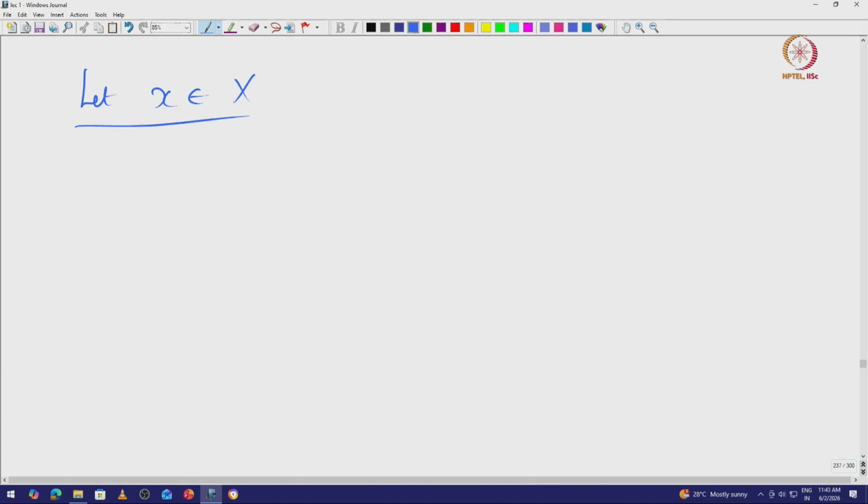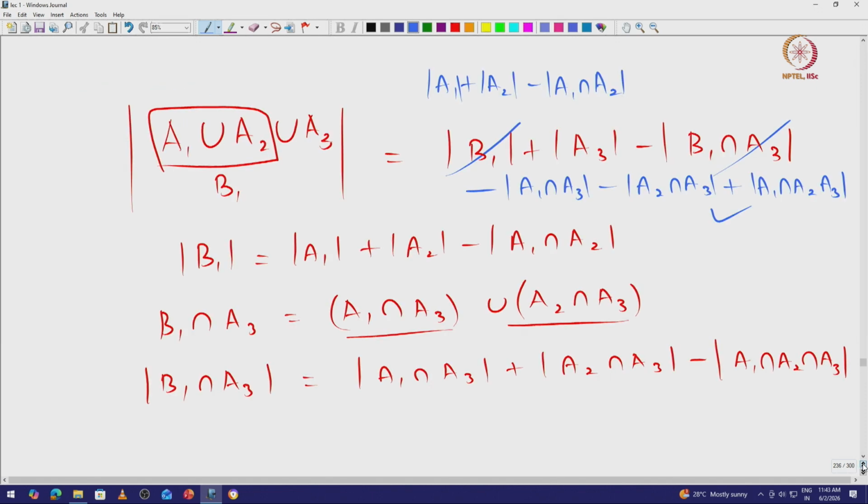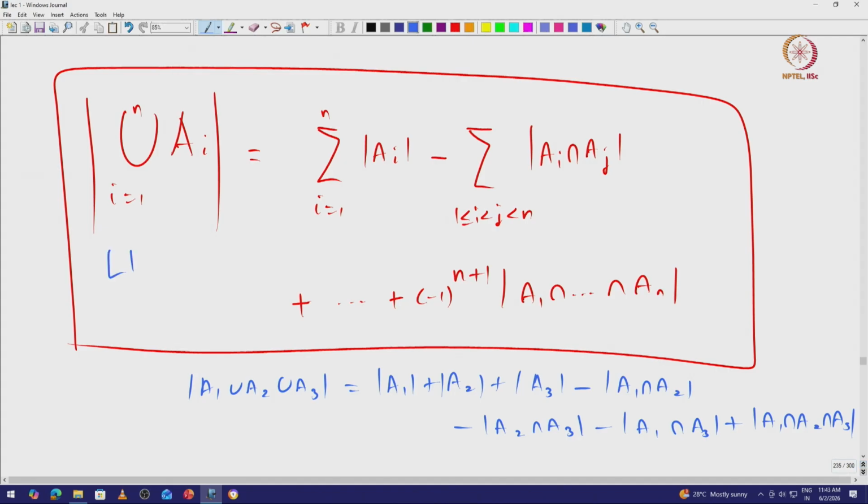If x is not in the union, then it will not give any contribution to this union of A_i on the left side. So, this is my left hand side and this is my right hand side.